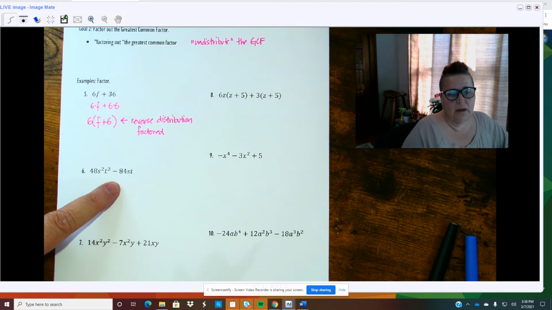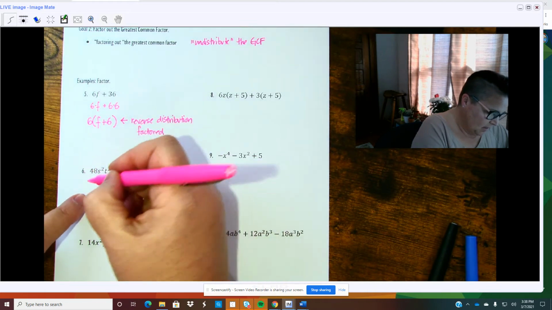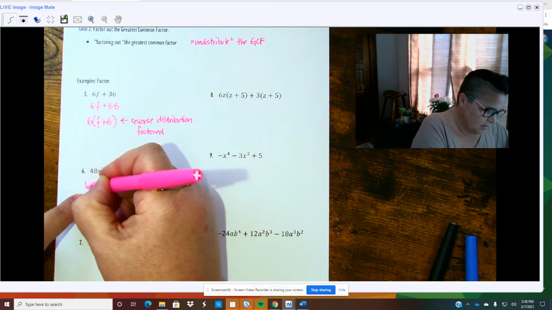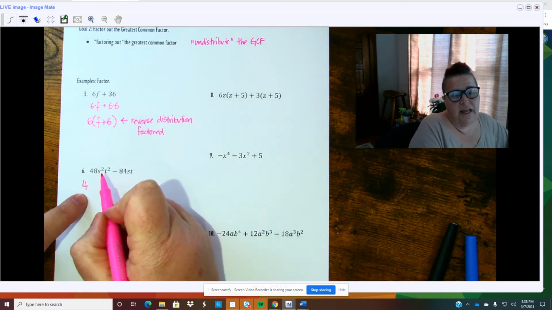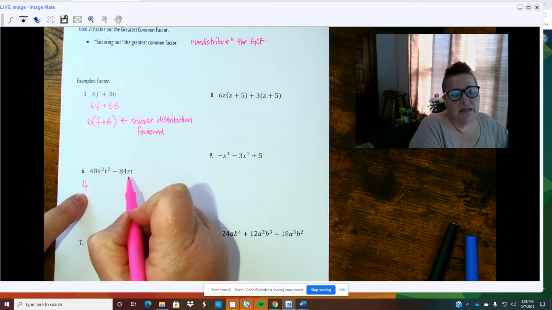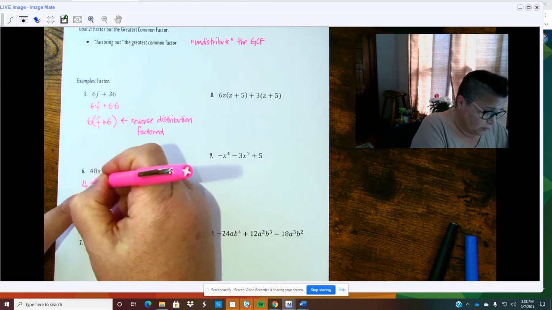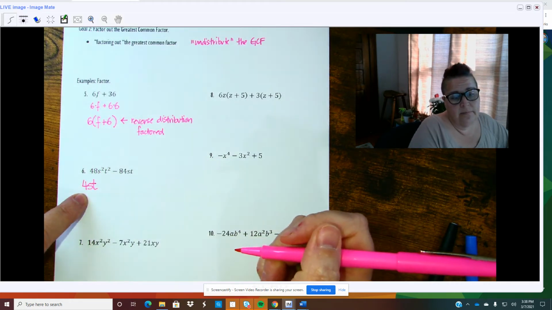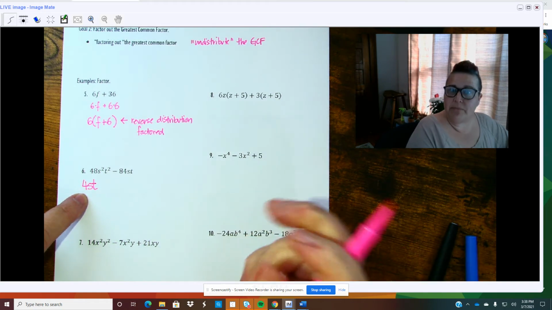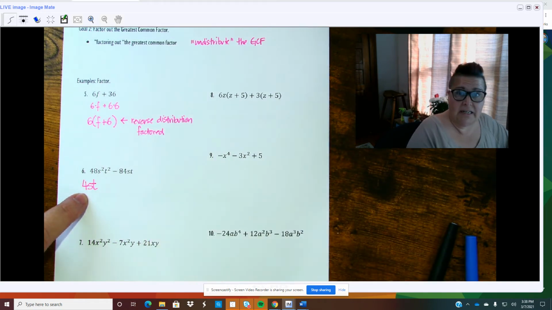I can pull a 4 out. 8's not going to work. So I think the highest I can go here in terms of numbers is a 4. We'll see if I'm right in a minute. Then I have an s squared t squared, and here I have an st. So I can for sure pull out an s, and I can for sure pull out a t. I'm not sure that 4 is right, but that's okay. There's a way to fix it if I'm wrong.